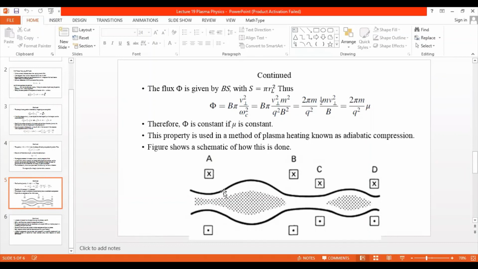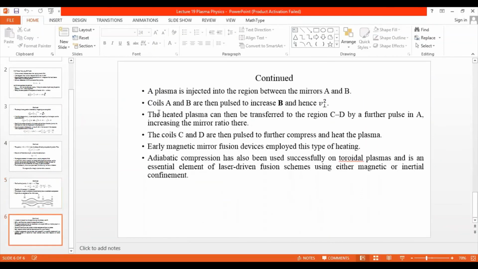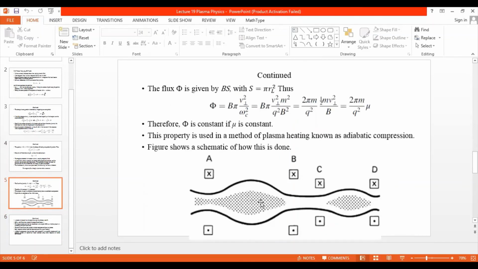The figure shows how this is done. We have four coils A, B, C and D. Coils A and B give a region of stronger magnetic field and weaker magnetic field. So if we inject plasma from A and B, it can be trapped in this region, and if we increase the magnetic field, our v perpendicular must increase in this region.